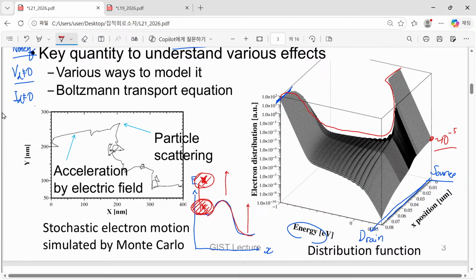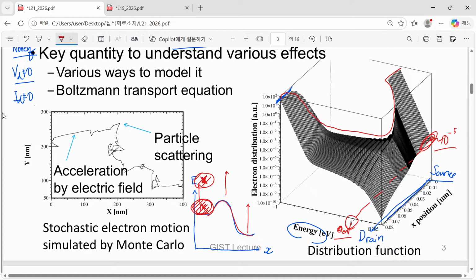It means that any state at this source side and the energy corresponding to this energy value, in this case 0 electron volts, there is a probability of occupancy just about 10 to the minus 5. Only 10 among 1 million electrons have a certain probability to occupy this state.